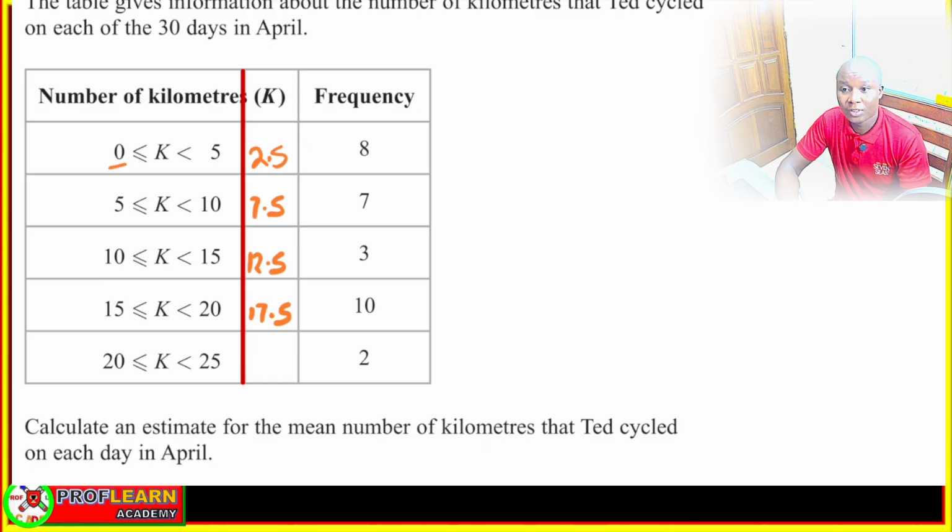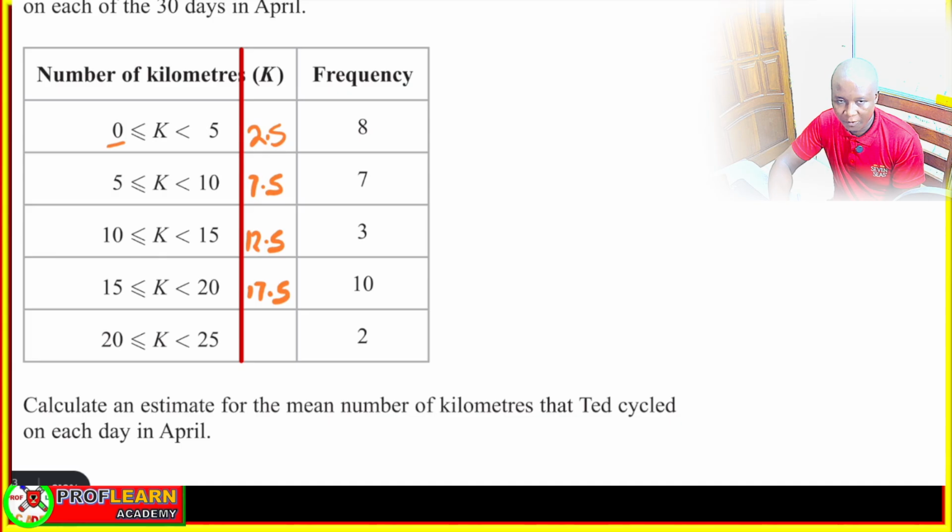And 20 plus 25 gives us 45, and 45 divided by 2 will be 22.5. So those are the values of x. So we can say this is our x.